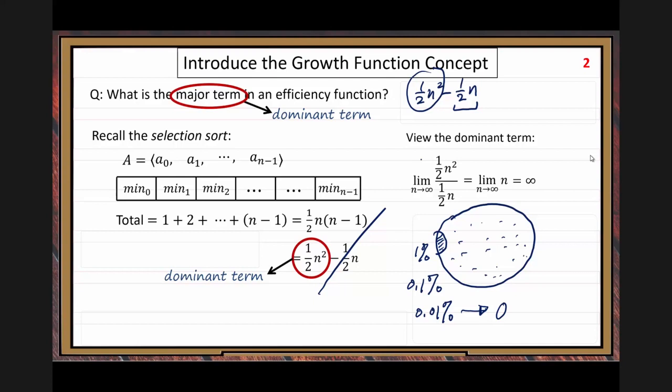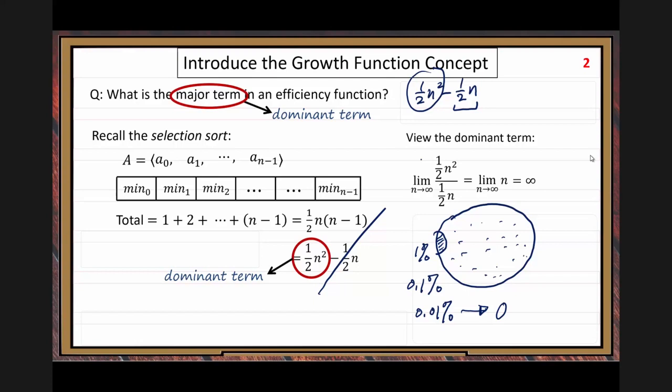Here you don't have a problem. When n goes to infinity, then n over 1, that one is too little. So with that kind of dominance, we don't have a problem.